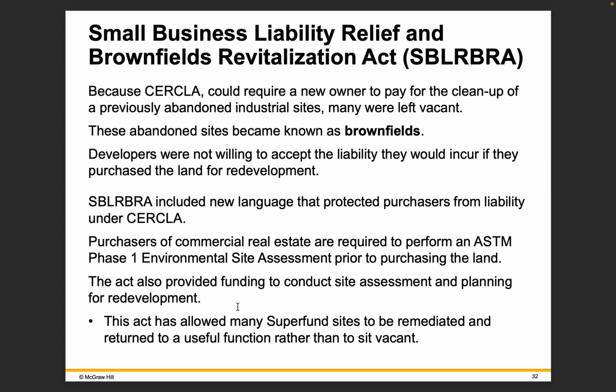Purchasers of commercial real estate are required to perform an ASTM Phase 1 environmental site assessment prior to purchasing the land. The act also provided funding to conduct that site assessment and planning for redevelopment. And this act has allowed many Superfund sites to be remediated and returned to a useful function, rather than to sit vacant as brownfields.